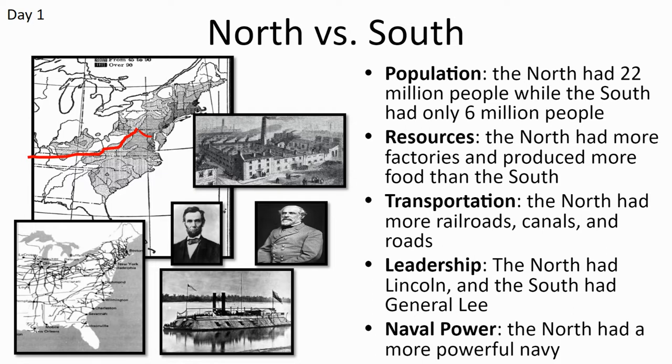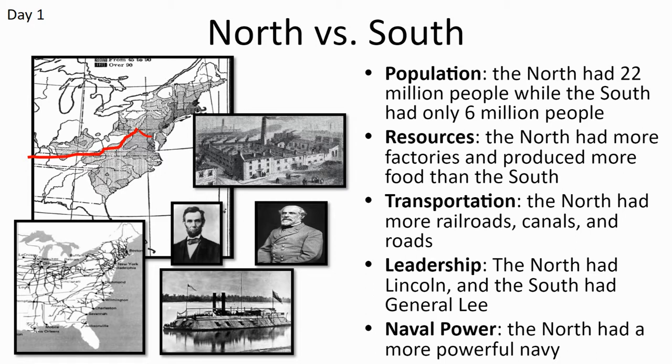Resources: the North has more factories and can produce more food than the South. Now, the South is definitely an agricultural area, but they're growing things like cotton and tobacco, not so much fruits and vegetables like in the North and the Midwest area, or the Northwest area of New York and Pennsylvania.